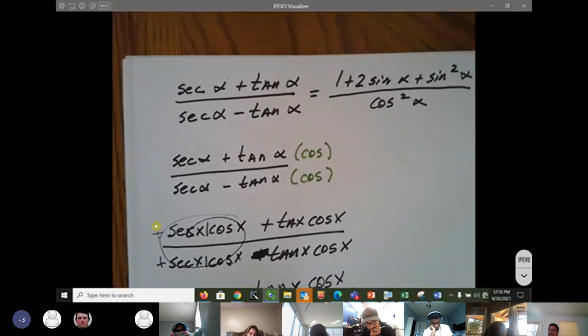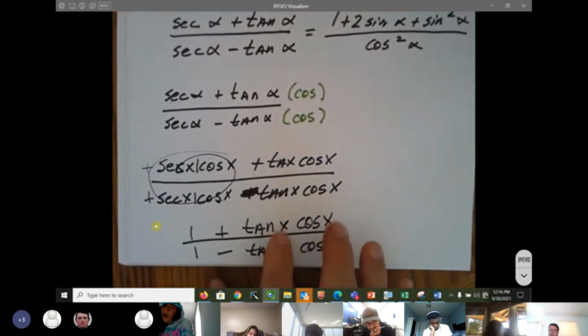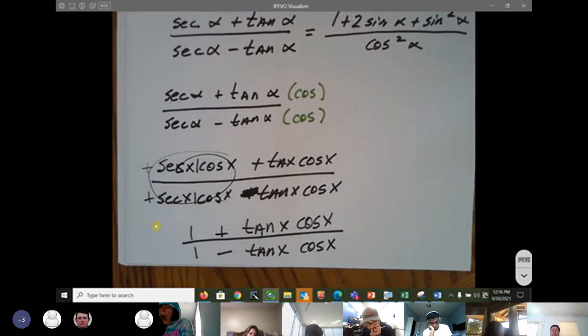Now rewrite tan in terms of sine and cosine, I want y'all to do this, and keep going. Rewrite the tan as sine over cosine and keep going.